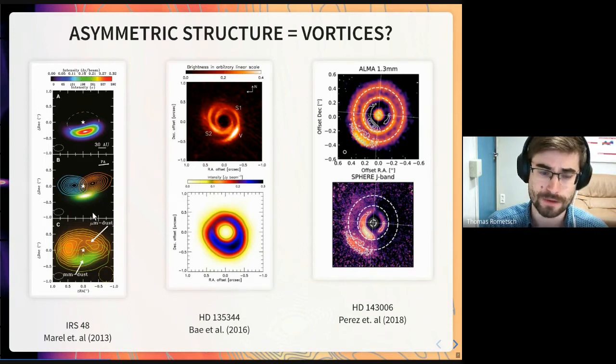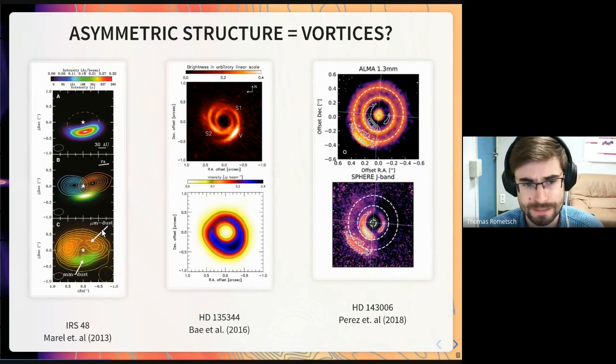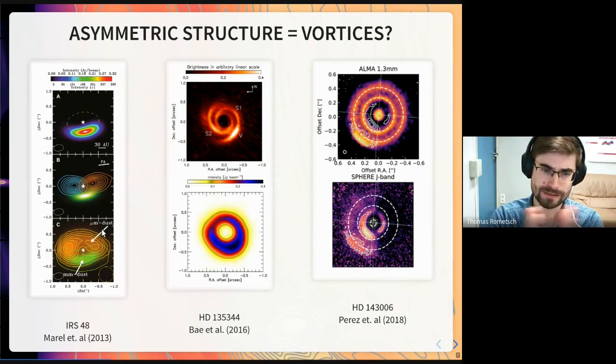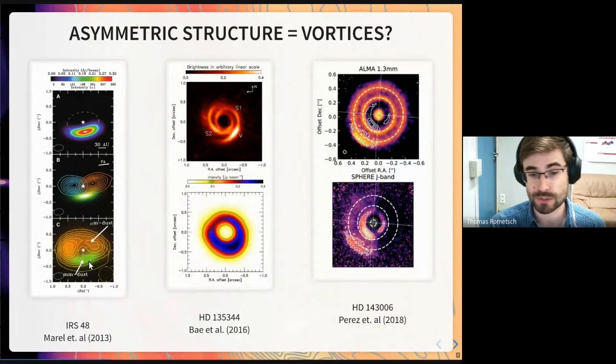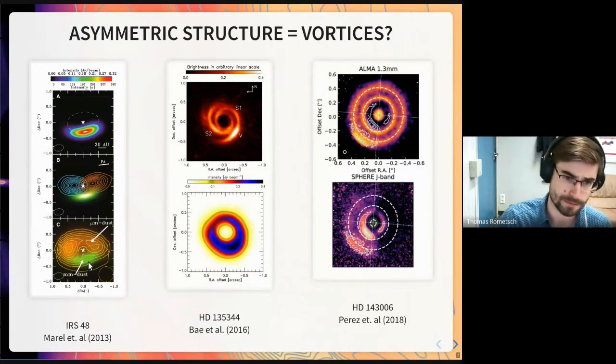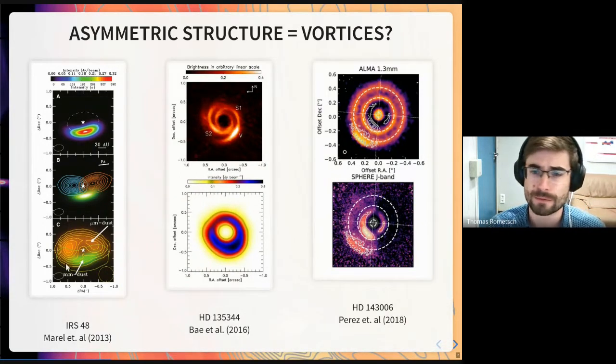We also have micrometer dust data. The nice thing about radio astronomy is that we have essentially spectra over the wavelength region where we can probe different dust sizes. So we see that in one dust size there's this clump, and this was interpreted as a vortex. We'll come to what that means if you're not familiar with it.